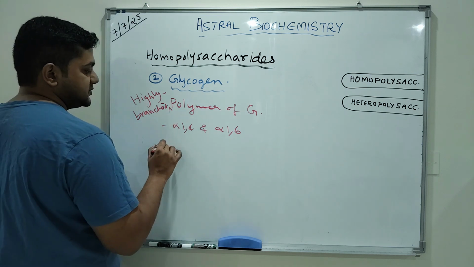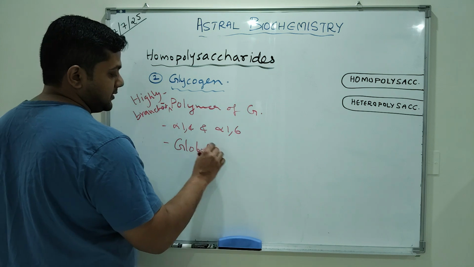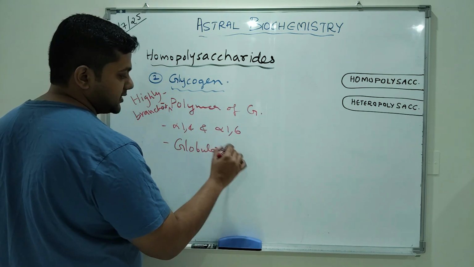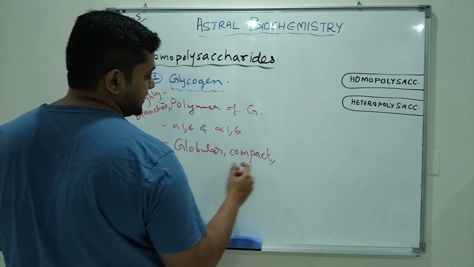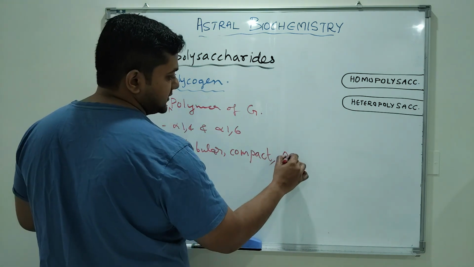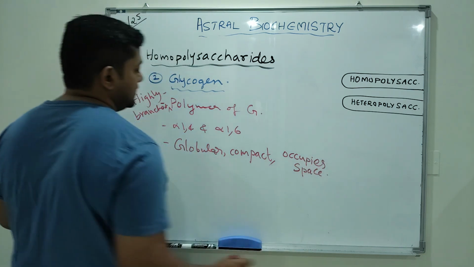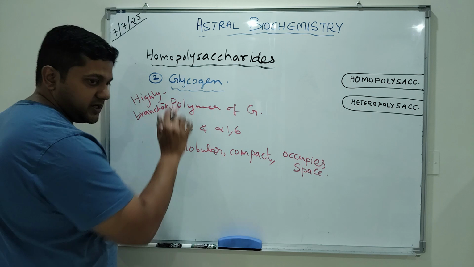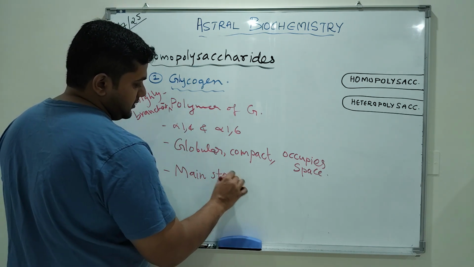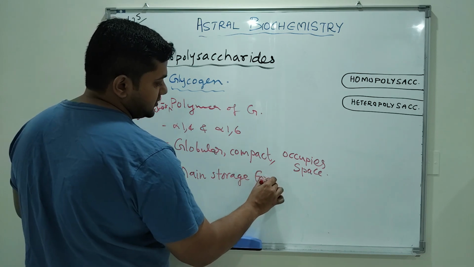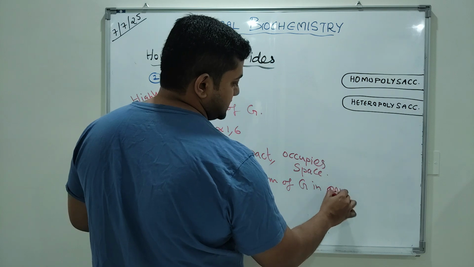Because it is highly branched, it is globular in nature and compact. Because it can be tightly packed, it occupies less space. One important thing that I forgot to mention about glycogen is that it is the main storage form of glucose in animals.